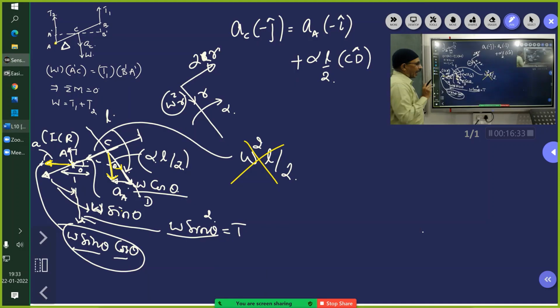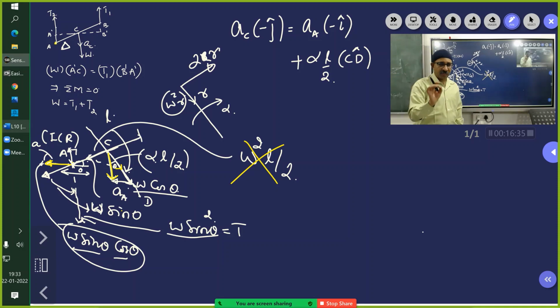The acceleration of point C is a consequence of the weight of the rod, and acceleration will always act in the direction of the force. So now I have got alpha L by 2 CD cap.